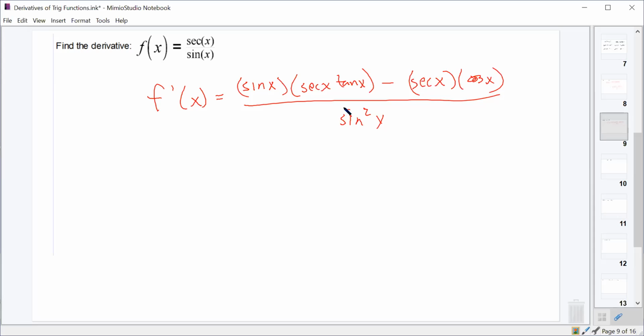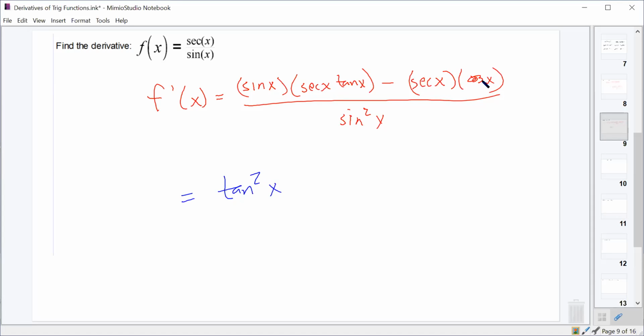Can we simplify that down some? Should be able to. What's sine times secant? Secant is 1 over cosine, right? Tangent. So sine times secant ought to be tangent, times another tangent ought to be tangent squared x.